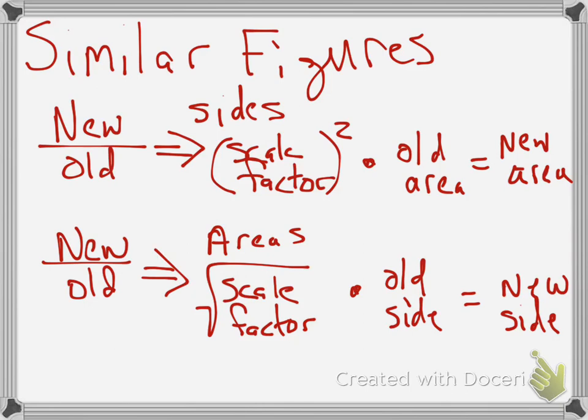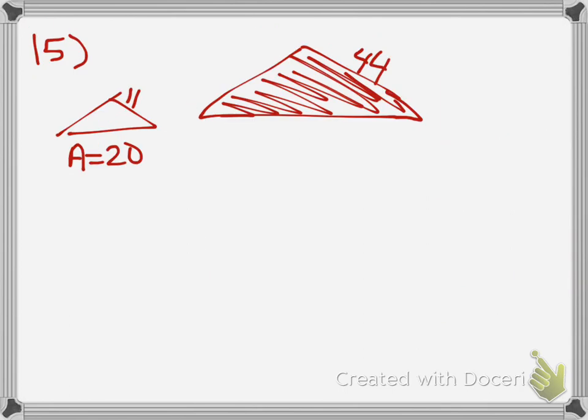For example, you see here on number 15, how do I know what's new and what's old? Old to me is the one that has all the information, and new is the one that I'm trying to get information for. So here on 15, usually old is on the left, the one with the 11, and I've got the side and I've got the area.